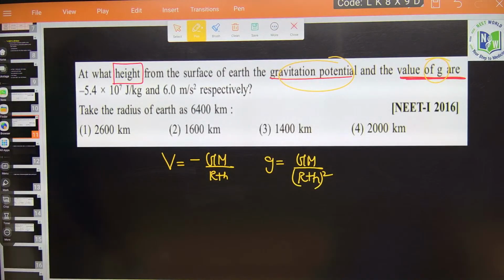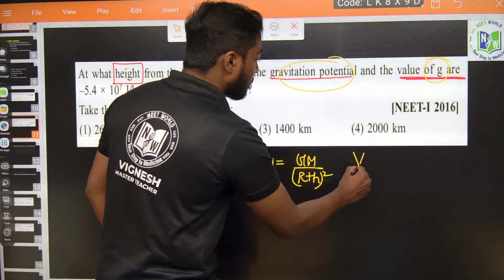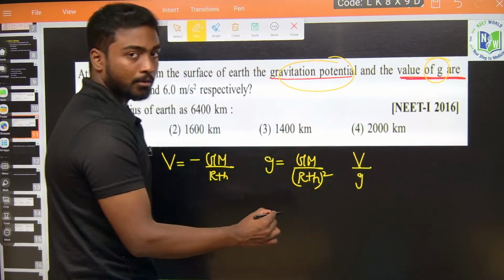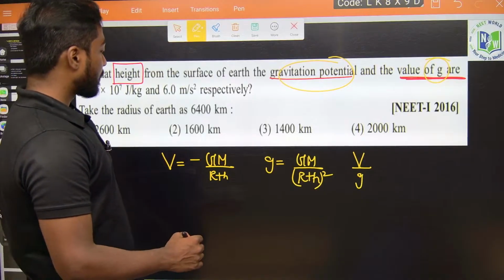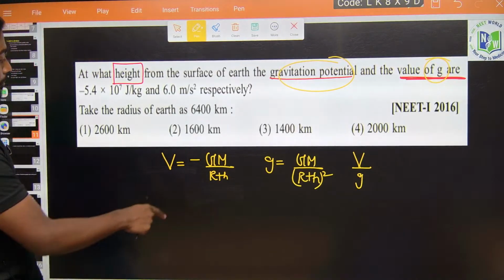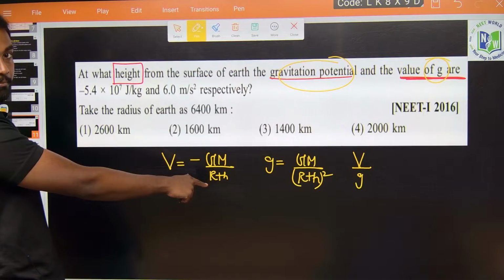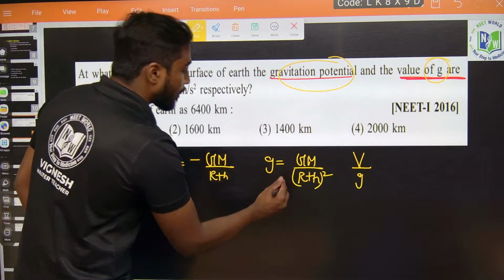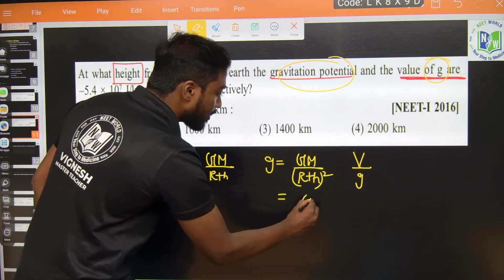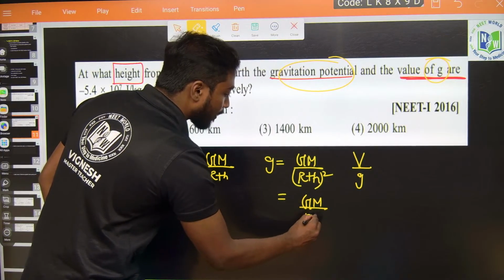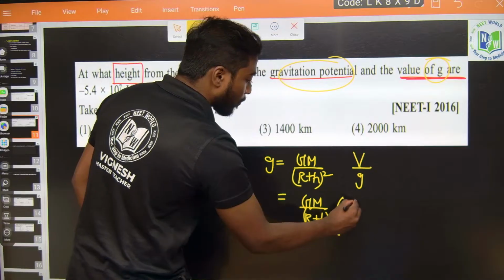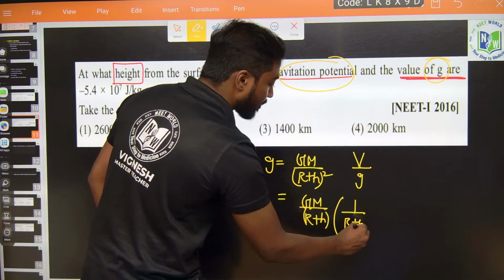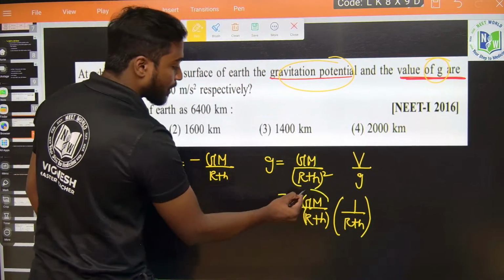So what can I do? Take V by g. GM by R plus H, I can write as GM by R plus H into 1 by R plus H. What is GM by R plus H?